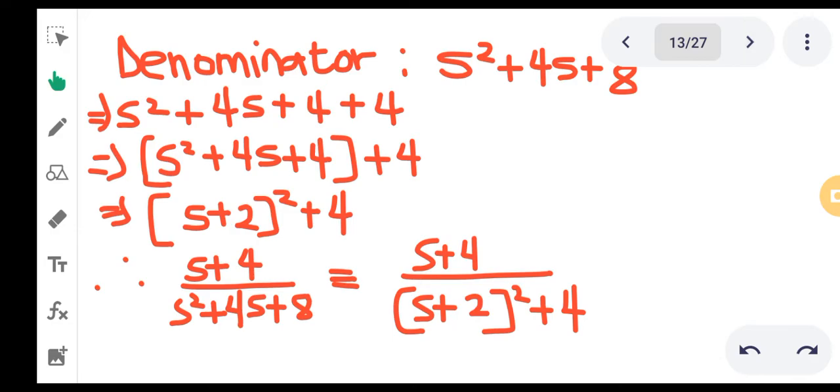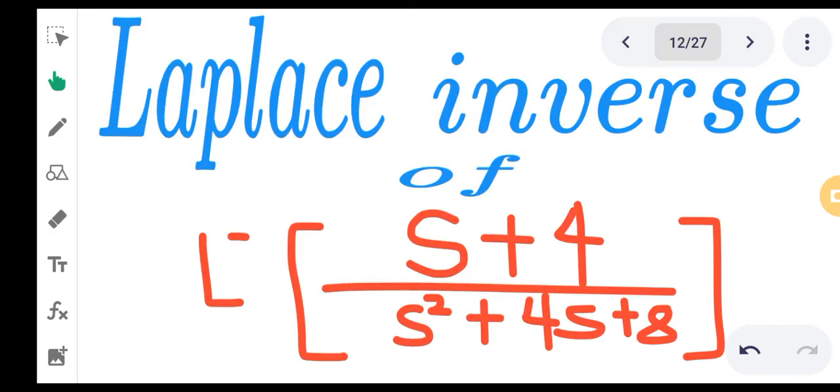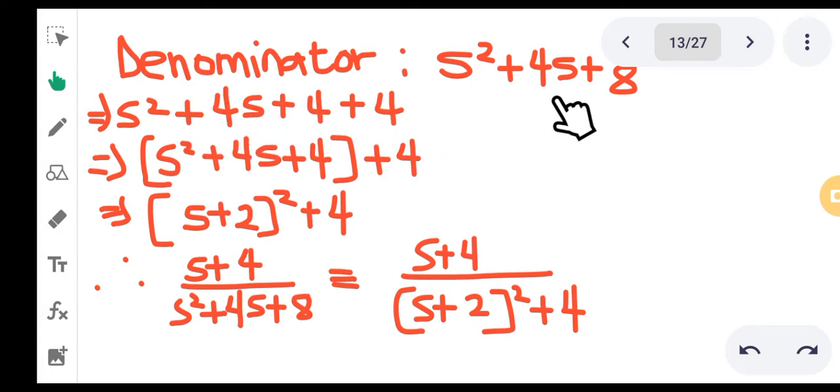Okay, so just take the denominator. The denominator can be written as s squared plus 4s, this is the 4s, plus the 8, but the 8 can be written as 4 plus 4. Okay, so I know that I can split this.